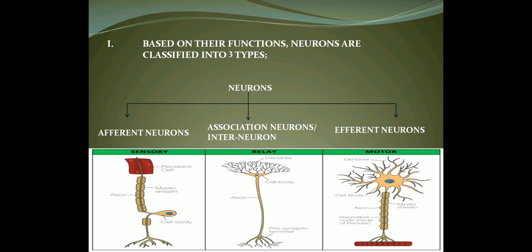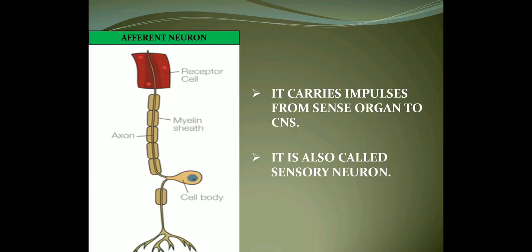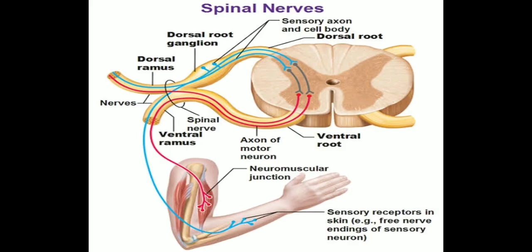Let's see the details of each. Let's start with the first one, that is afferent neuron. These neurons carry impulses from sense organs to the central nervous system, and as they carry impulses from sense organs, it is also called sensory neuron, and it is found in the dorsal root of spinal cord.